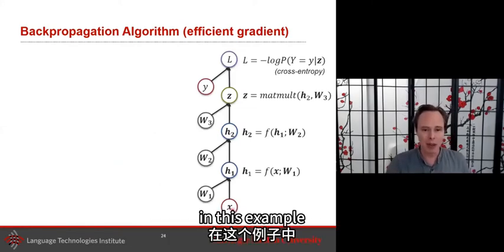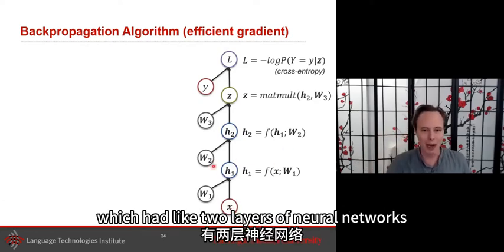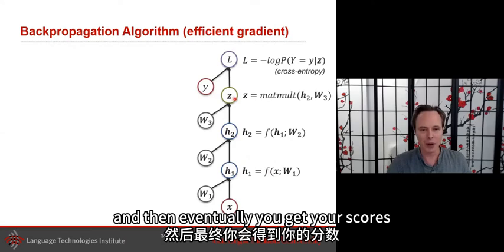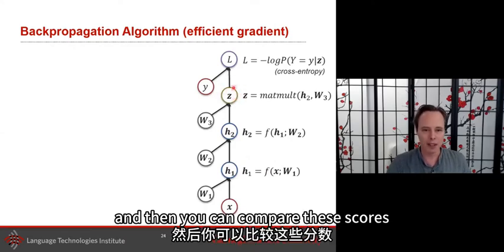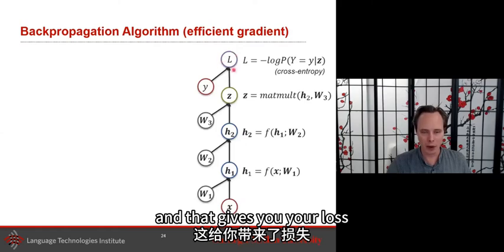In this example, it's the same one I've shown earlier, which had 2 layers of neural networks, 2 hidden layers, and then eventually you get your scores, and then you can compare these scores with the ground truth labels, and that gives you your loss.